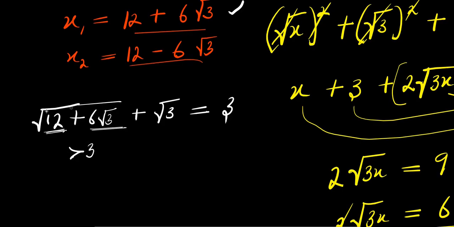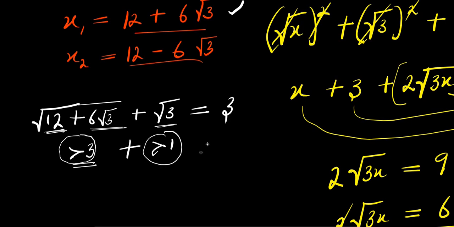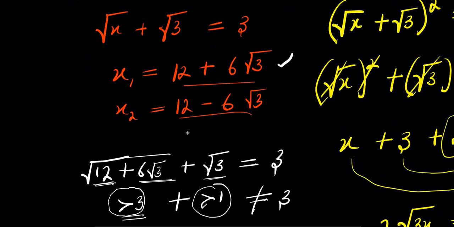Even when you find the square root of it, it's going to give you a value greater than 3. Plus square root of 3 is obviously greater than 1. So you have a number greater than 3 here, added to a number greater than 1 here. This and this can never give you 3. You can confirm this using your calculator, but it will never give you 3. It's going to be more than 3.